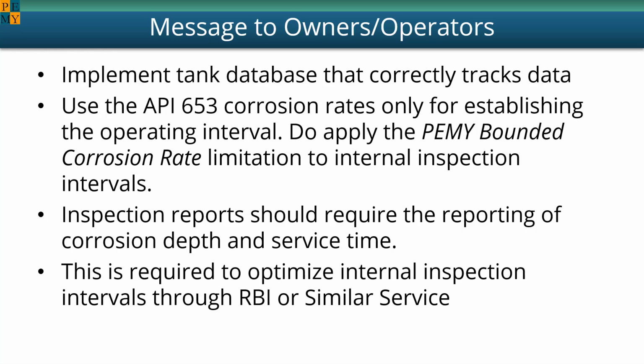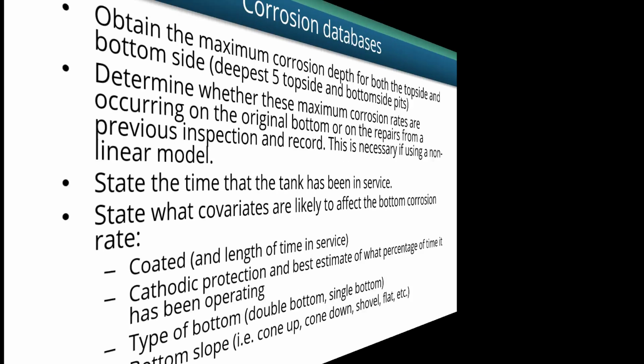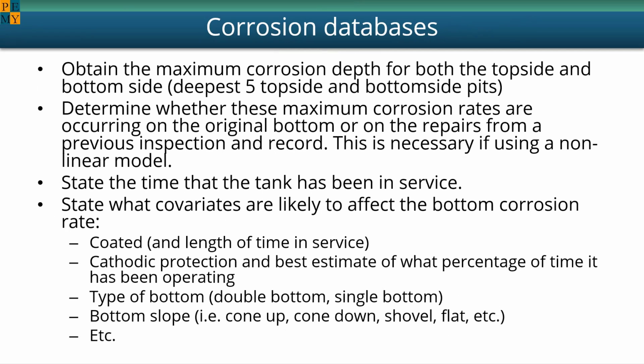Many inspection reports that I've looked at do not report the deepest corrosion or even the time of service, so it becomes impossible to use a corrosion rate to establish a method like similar service. I won't go through all the details of this, but corrosion rate databases, which could be combined with a main tank database, need to be established and record the critical pieces of information, some of which are listed here.